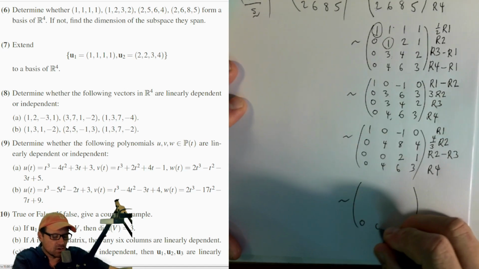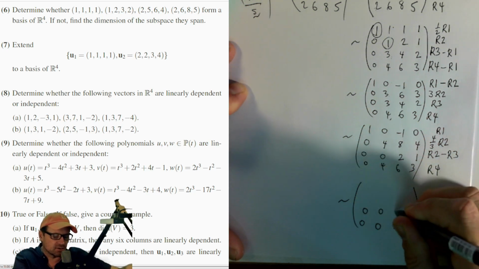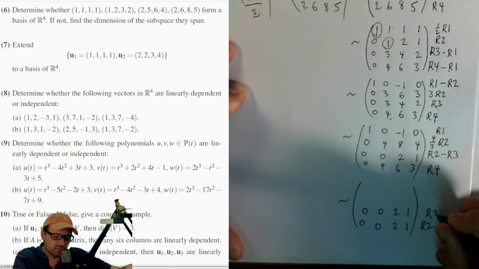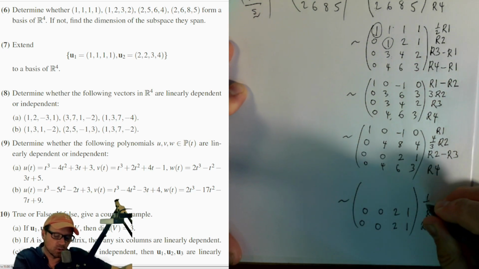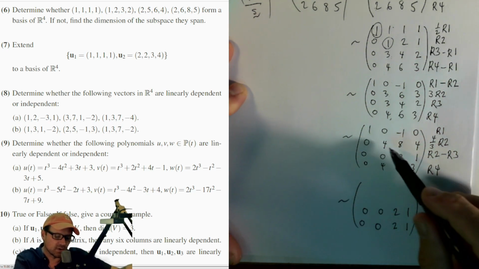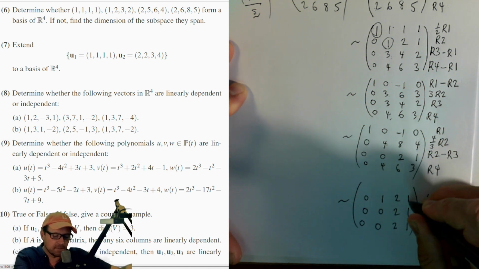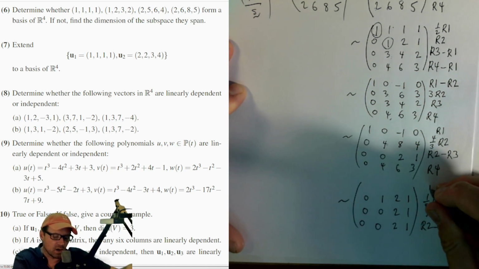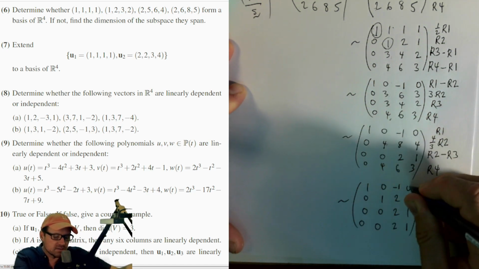So we have 0, 0, 2, and 1. And here we have 0, 0, 2, and 1. That's row 3. Now let's replace row 2 with 1/4 of row 2. So we have a 1 there again. So 0, 1, 2, 1. Let's replace row 1 with row 1. So 1, 0, minus 1, 0.